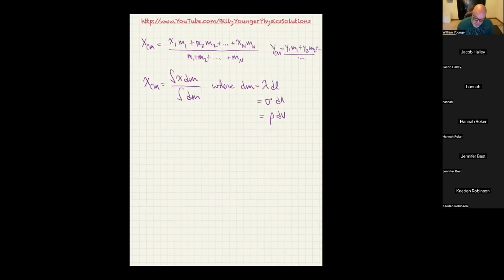Okay, this is something that's not going to go away. That lambda, that sigma, that rho, you're going to be using it for the center of mass. You're going to be using it for the moment of inertia. Then when we get into next semester, we're going to be using it for charge distributions and current distributions and all sorts of stuff. So you need to have some idea what it is.